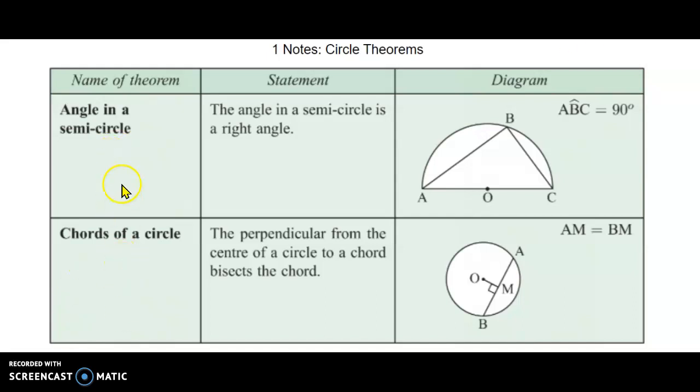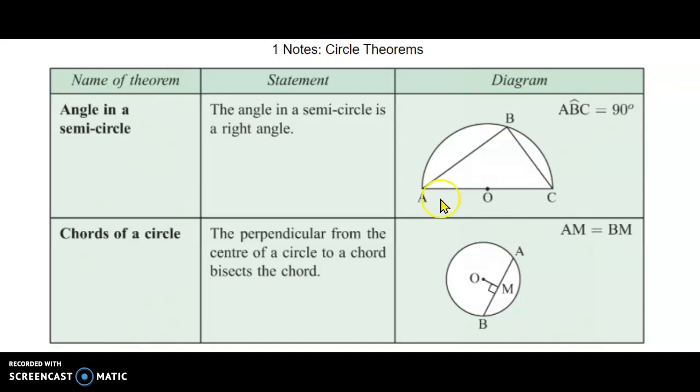These are the names of the theorems. The angle in a semicircle theorem says the angle in a semicircle is a right angle. So it is a right angle here. In other words, if we have a semicircle and, for example, B is over here, ABC is still a right angle.